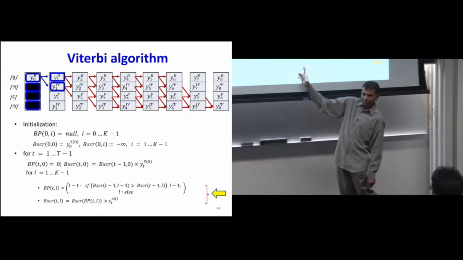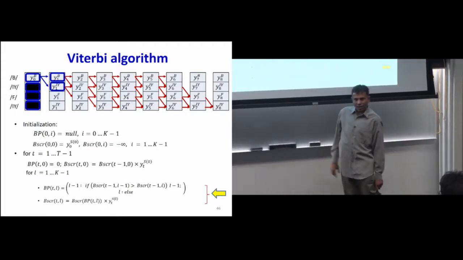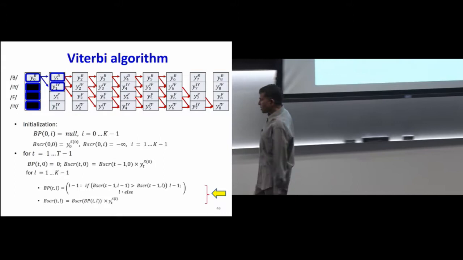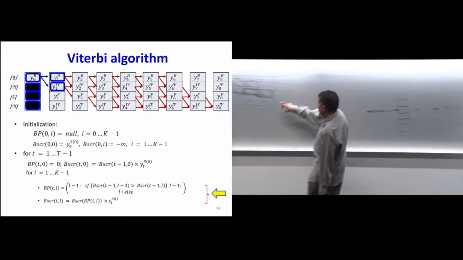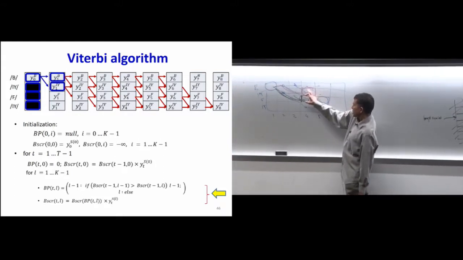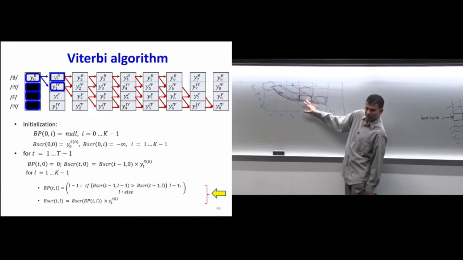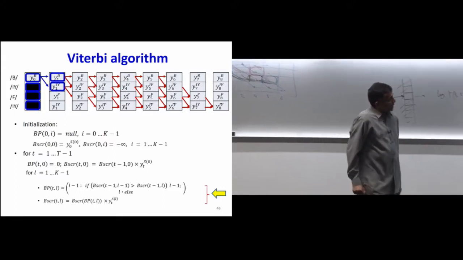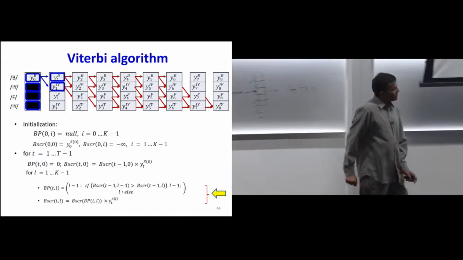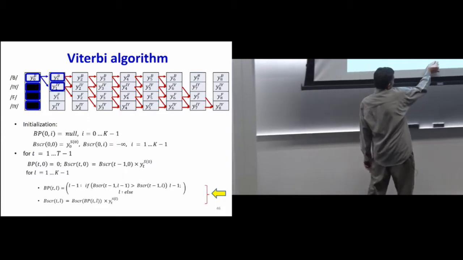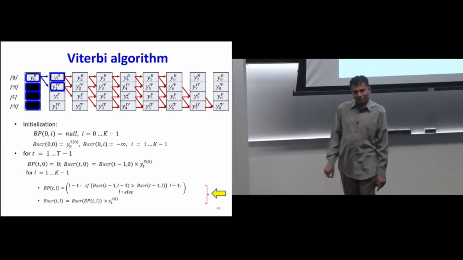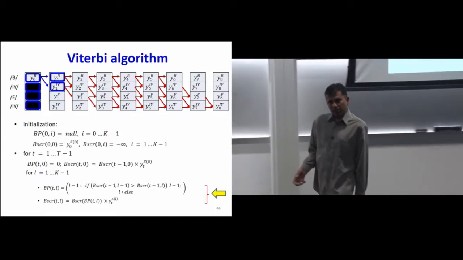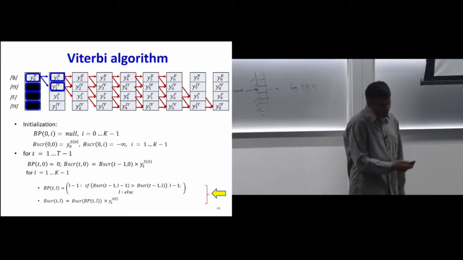Otherwise, it's just L. So the best parent to this guy is this one if this one's score is greater than this. Otherwise, the best parent is this one. Very simple logic, right? And the best score is simply the score of the best parent multiplied by the current probability. Very simple logic, right? And then you can do that.